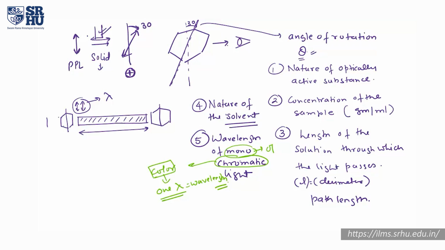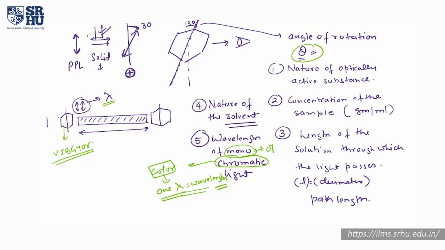Normal white light consists of 7 colors, VIBGYOR, and along with it there are many wavelengths between them. But monochromatic light will have only one wavelength. That is why it is called monochromatic. The angle of rotation theta also depends on this lambda.